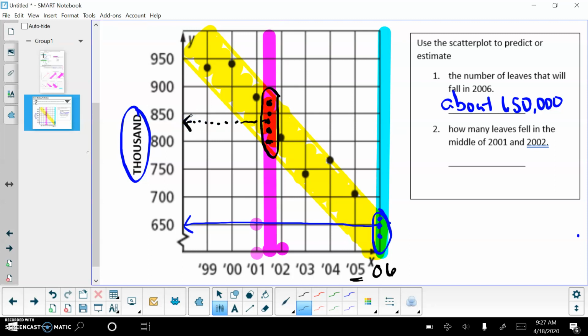It's below 850,000, but it's close to it. Let's say 830,000. And again, I could even say anything between 800,000 to 875,000. That would also work. These are just predictions, so you're just trying to get close to where you think would be a good spot.